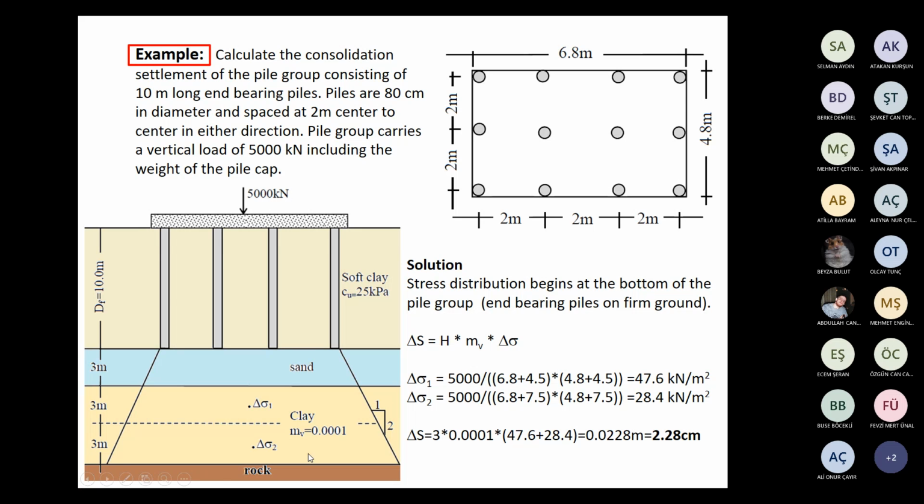Diameter of piles is 80 centimeters, and spacings are shown, it's 2 meters center to center spacing. Total load applied on pile cap is 5,000 kilonewton.